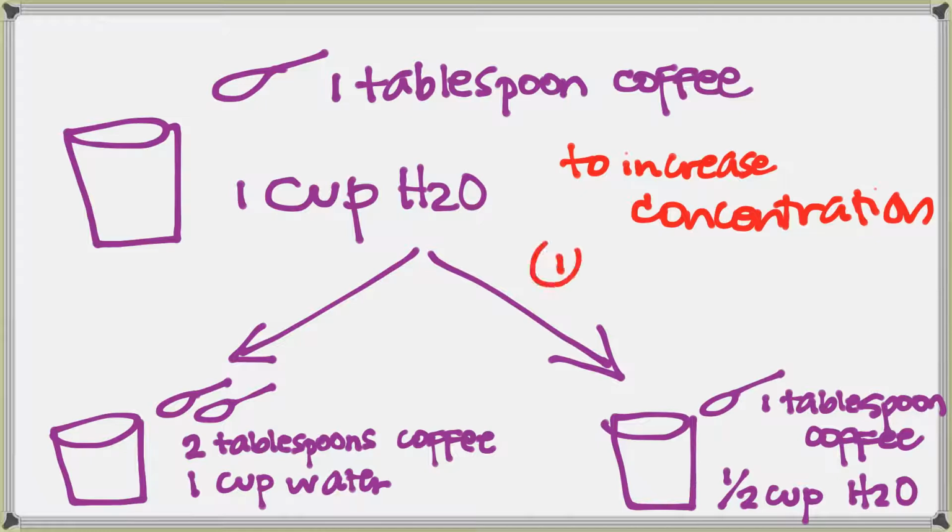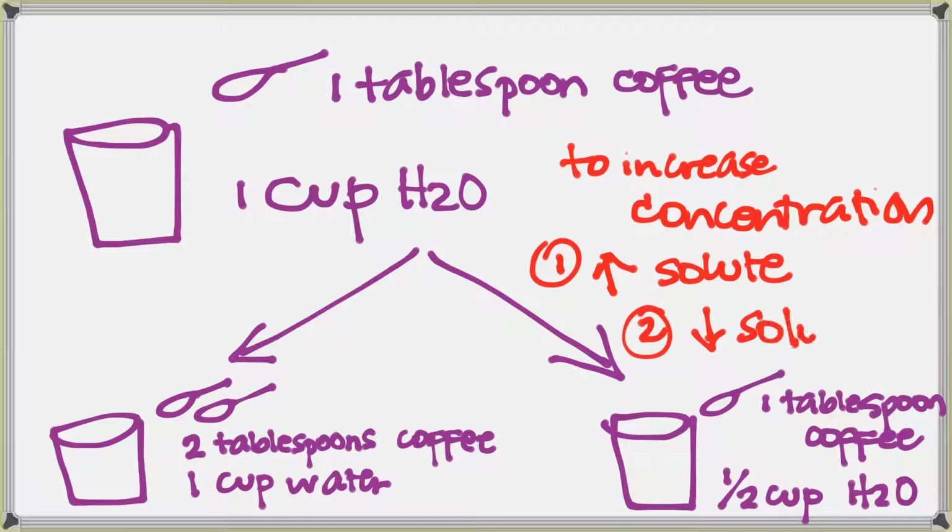Number one, you can increase the amount of solute that you dissolve, or number two, you can decrease the amount of solvent, which we just saw. So again, there are two ways to make the concentration go up: either we increase the solute or we decrease the solvent. Obviously, this would be true in reverse. To decrease the concentration of a solution, you either decrease the amount of solute or increase the amount of solvent.